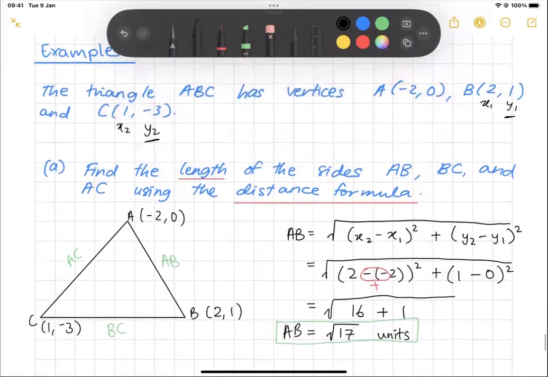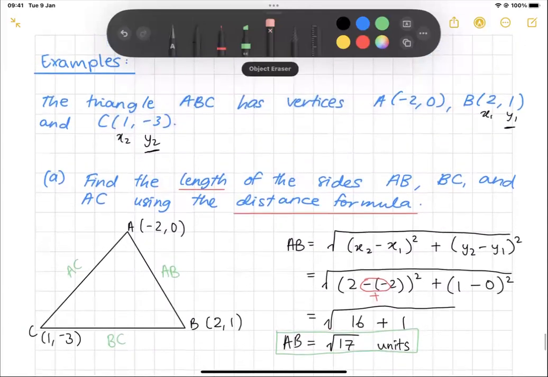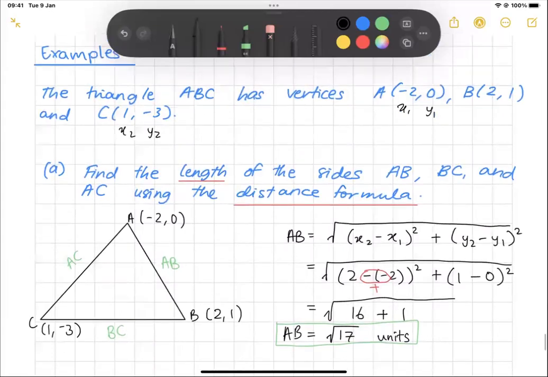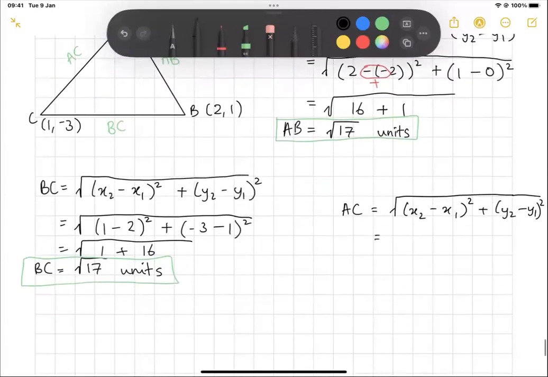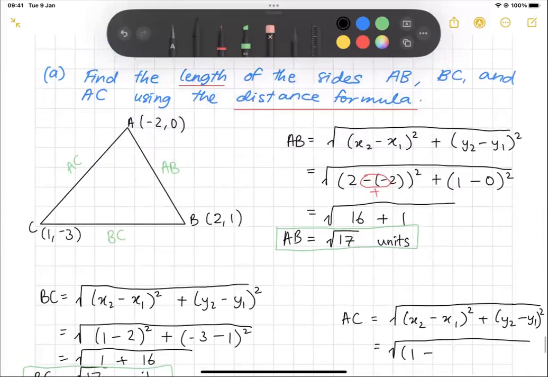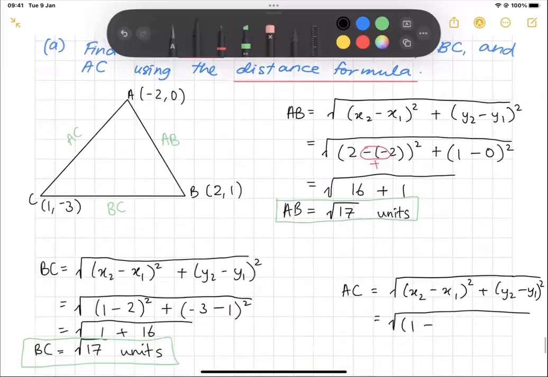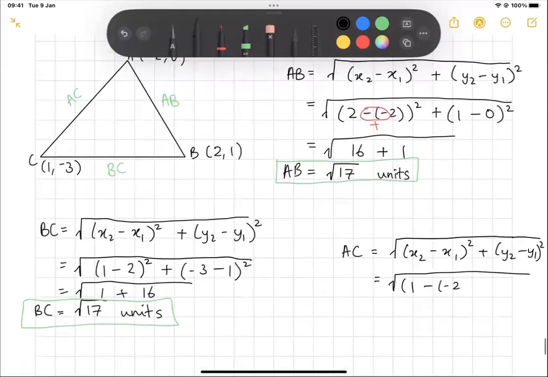I'm dealing with AC, so I'm going to relabel it all over again. x1, y1, x2, y2. My x2 is 1, so I'm going to substitute that in. 1 minus my x1, which is negative 2. So I'm going to put that into brackets, whole squared.